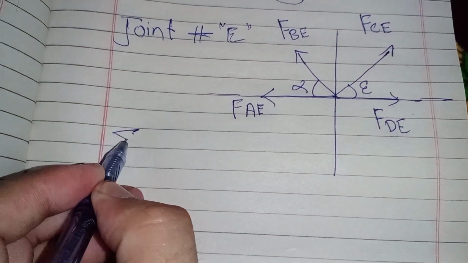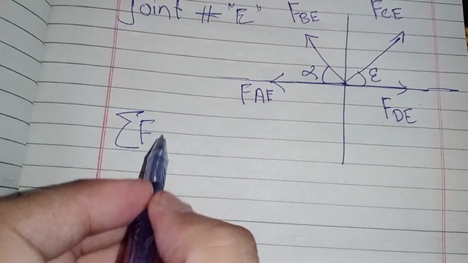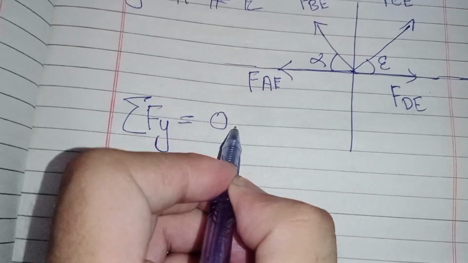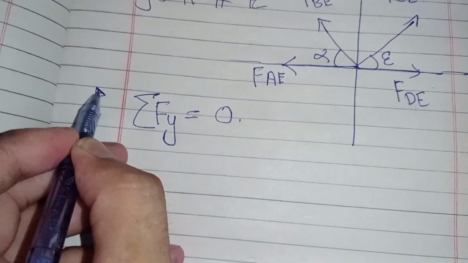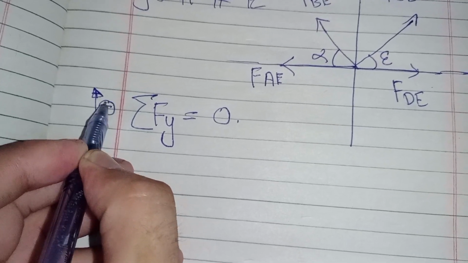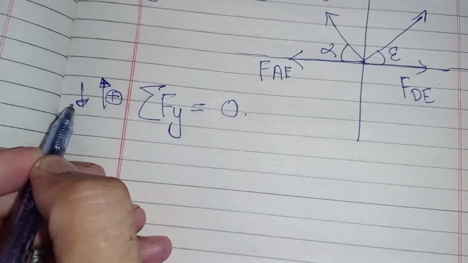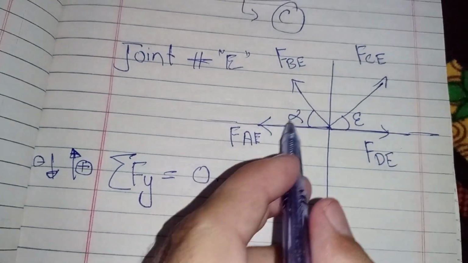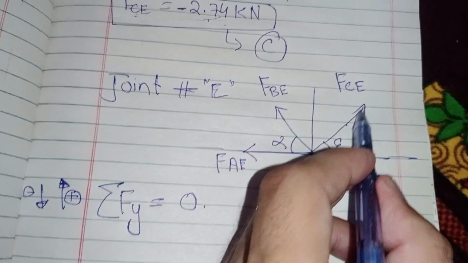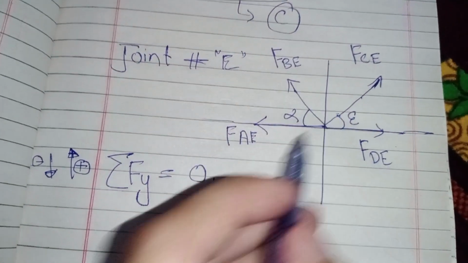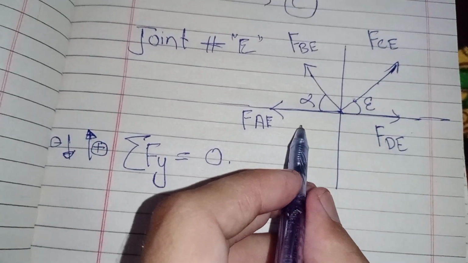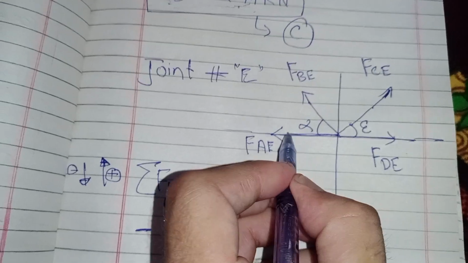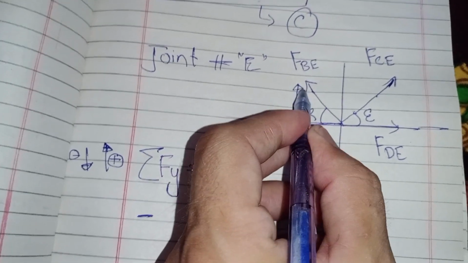Now I take the summation of all forces in the y direction equal to 0. The force directed up is positive and the force directed down is negative. I want to resolve it into its components. This is the horizontal component and this is the vertical component.